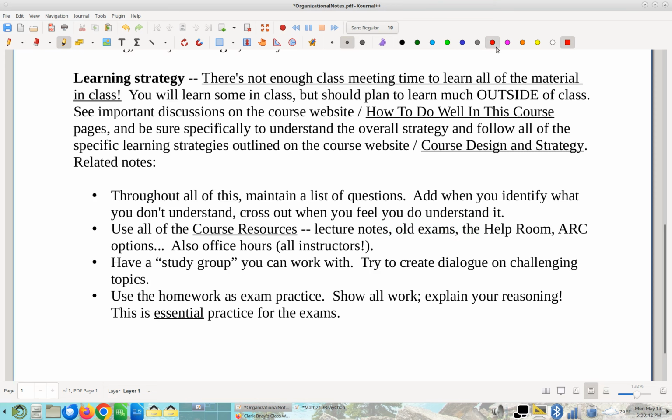Unfortunately, we do not have a help room this term, but we do have a TA who's going to have office hours. So anyway, sadly, no help room for us. But also, take a look at the ARC, right, Academic Resource Center. They have good stuff. In particular, I want to point out ARC has a program called Study Connect. Excellent program.